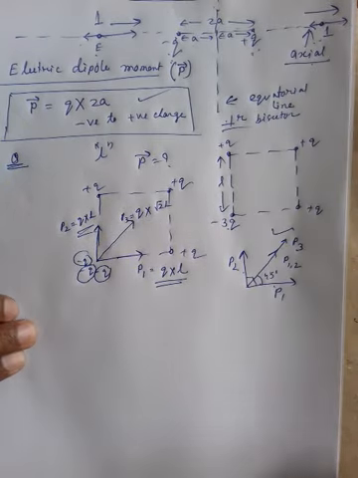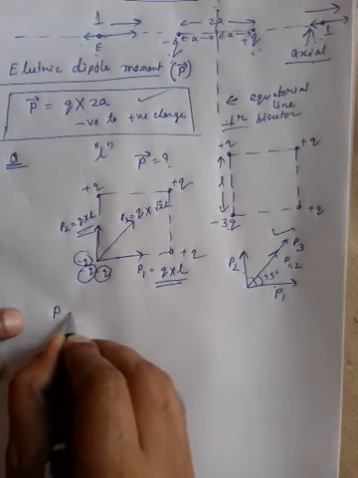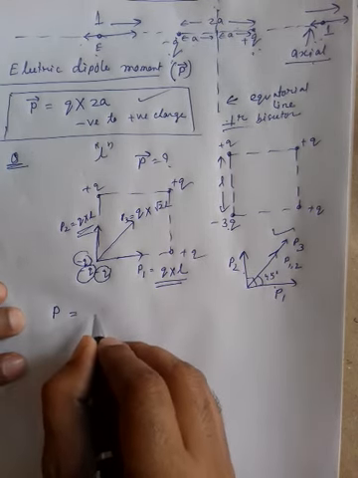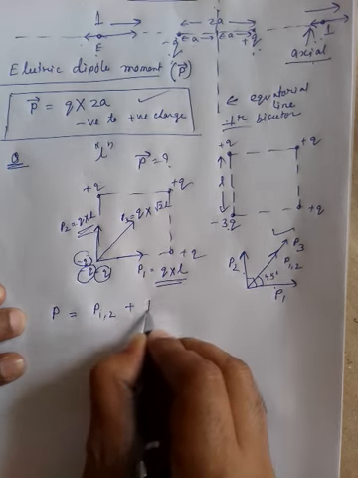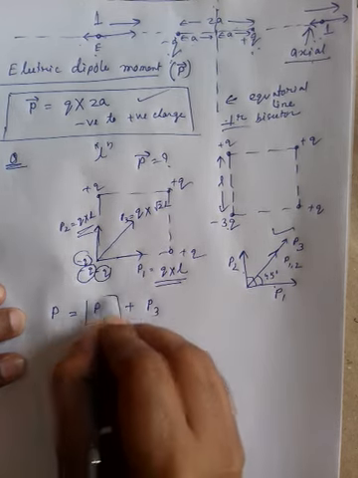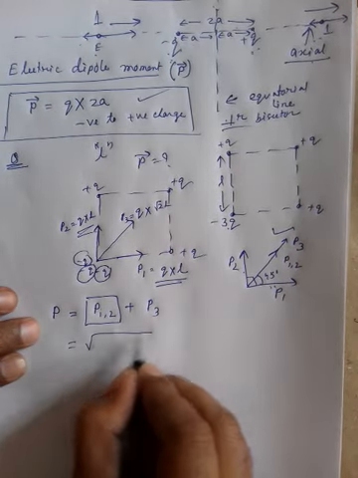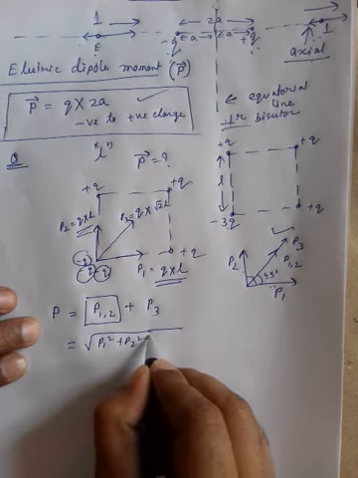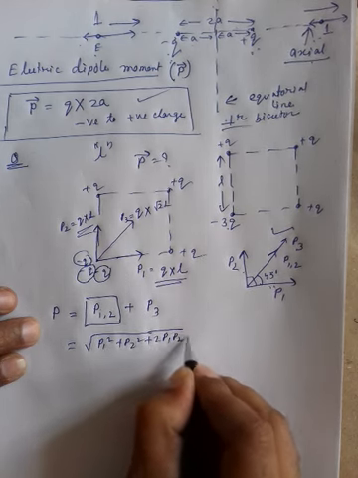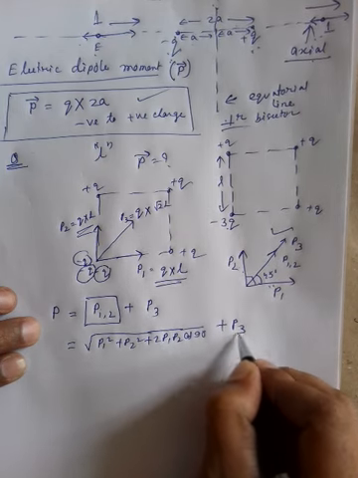So the total dipole moment I am going to write. It is the resultant of dipole moments P1 and P2 plus P3. P1 and P2 lie at a 90-degree angle, so the resultant of these two is under root P1 square plus P2 square plus twice P1 P2 cos 90, plus P3.